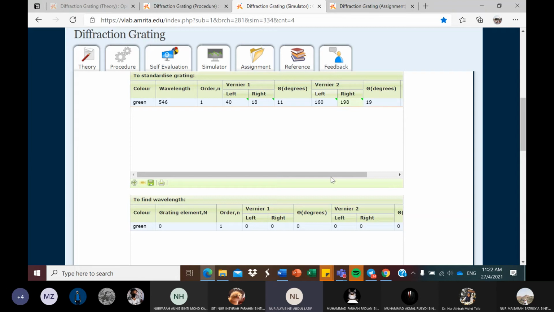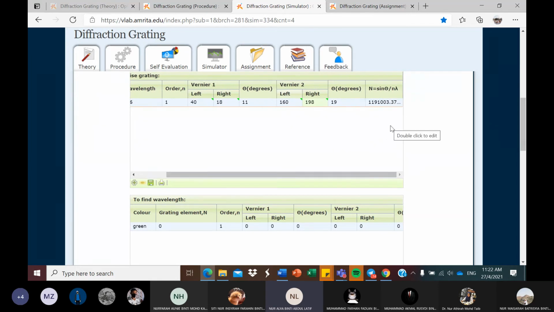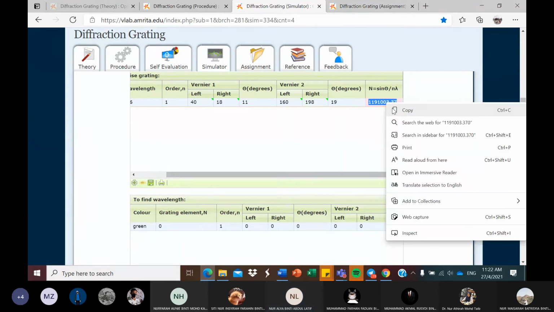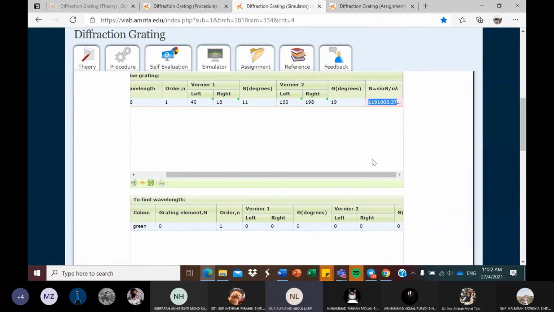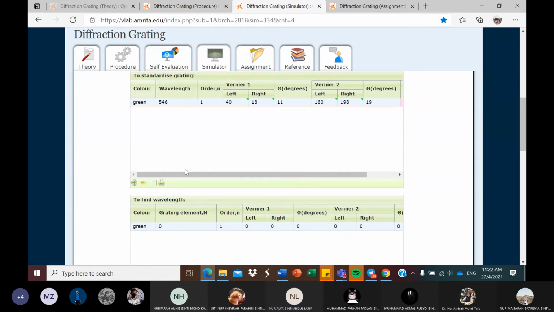So you guys can just plug in the wavelength and the angle in the automated jadwal, in this table, and then we can get the grating element.